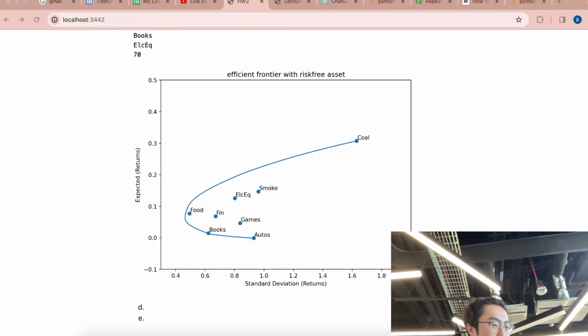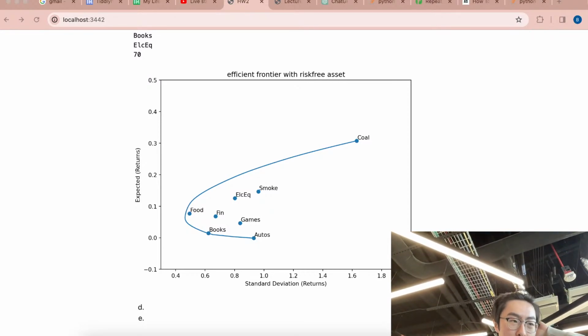Okay, so I feel like this code I wrote is kind of messy right now. There's a lot of parts to it, and it kind of smacked everything together. So first I'm going to define a function for everything I wrote. I think this will declutter a little bit. Def construct efficient frontier.